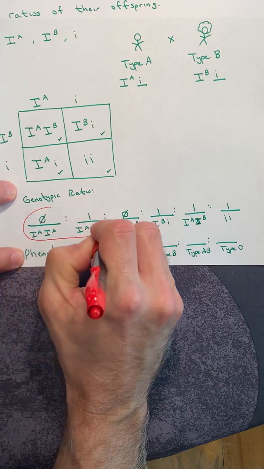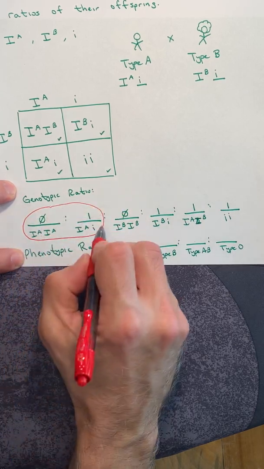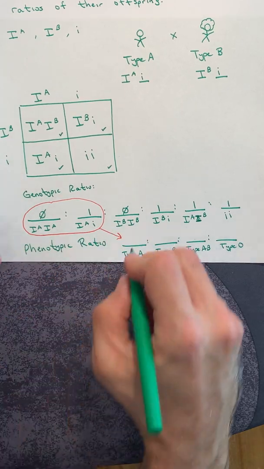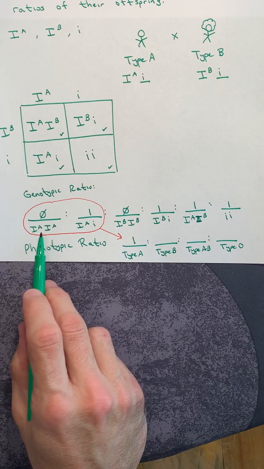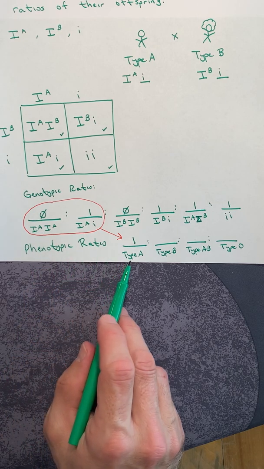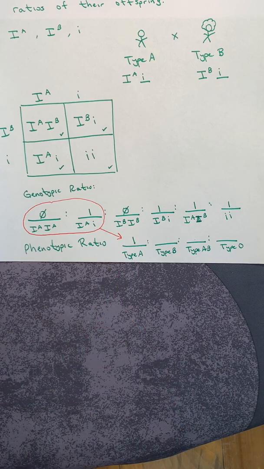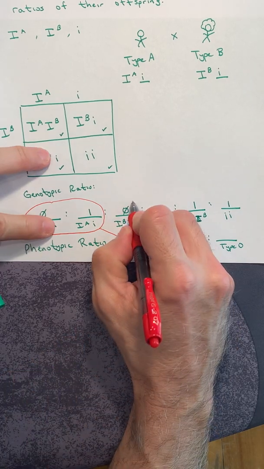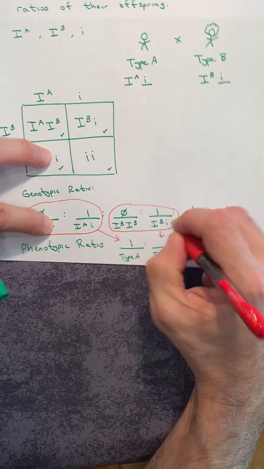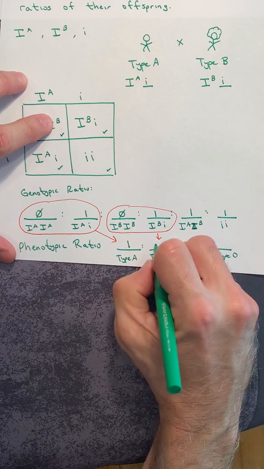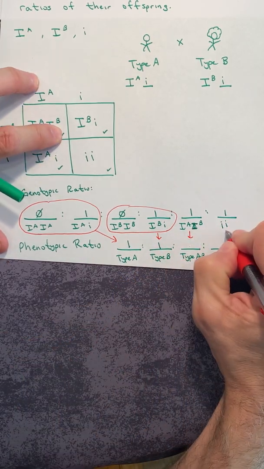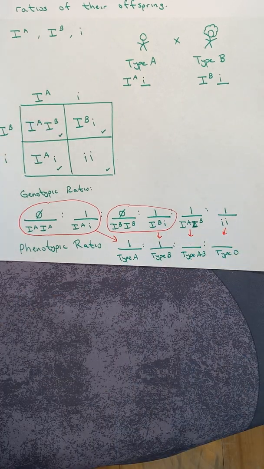Both of these, even though they're a different genotype, both of those present as type A. IA and IA little i as a genotype expresses as type A for a phenotype. And then both of these express as type B. And then these are just a straight shot here and here because there's only one choice.